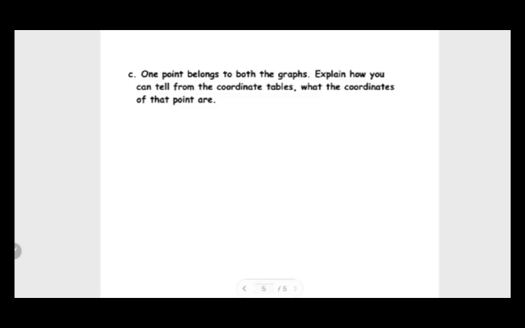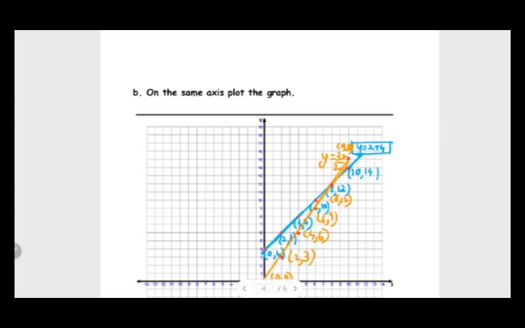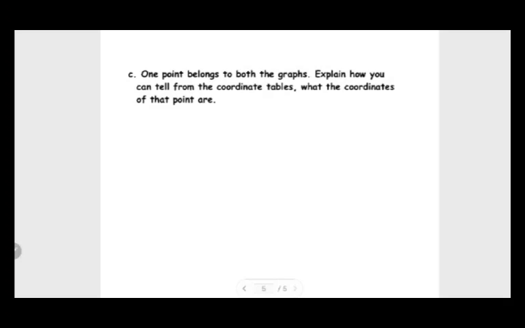One point belongs to both the graphs. Explain how you can tell from the coordinate table what the coordinates of that point are. So from this table we've realized that this point 8 and 12 is common. So how do we write this now?